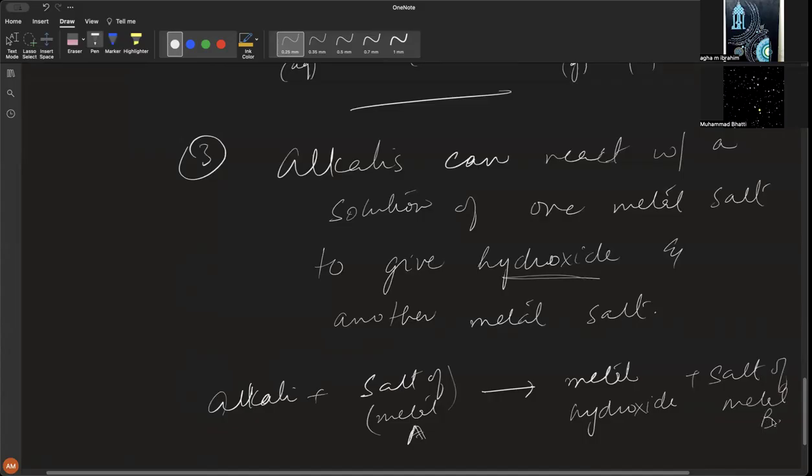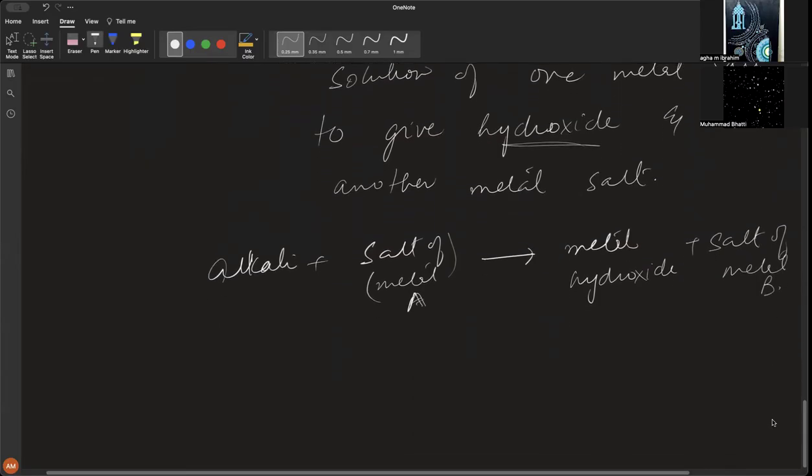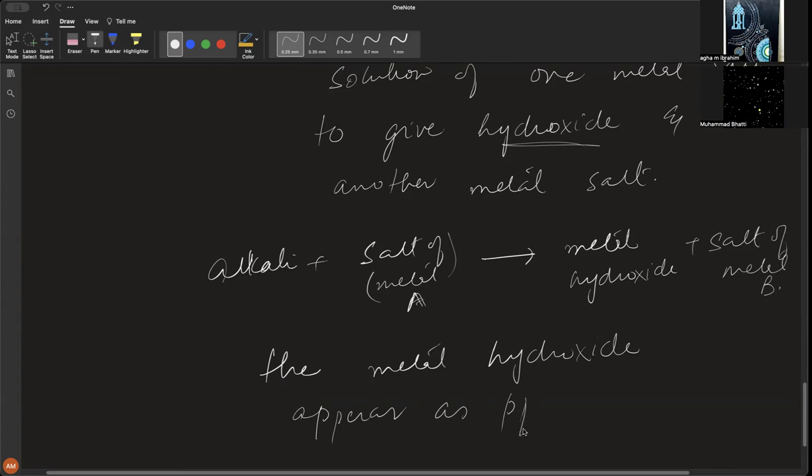I'll explain. The metal hydroxide appears as a precipitate if it is insoluble. The metal hydroxide appears as PPT. Very important information. Paper is going to be full of that. PPT if it is insoluble.